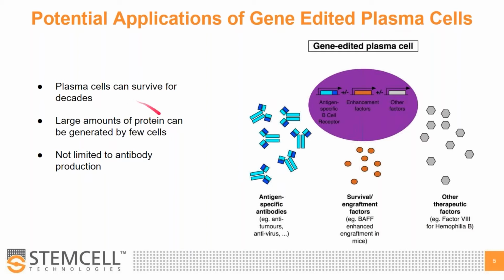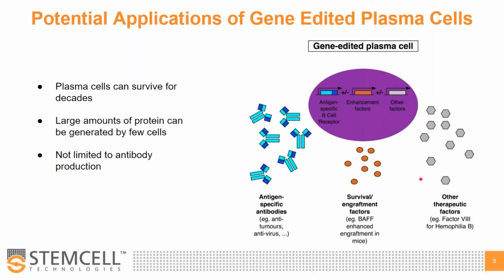Some examples of these applications involve gene editing of plasma cells, and these can be gene edited to express antigen-specific antibodies, which can be specific to an epitope on either tumors or viruses. In addition to this, B cells can be edited to express survival or engraftment factors, such as B cell activating factors, like BAFF, that can help these cells when they're actually engrafted into an individual.